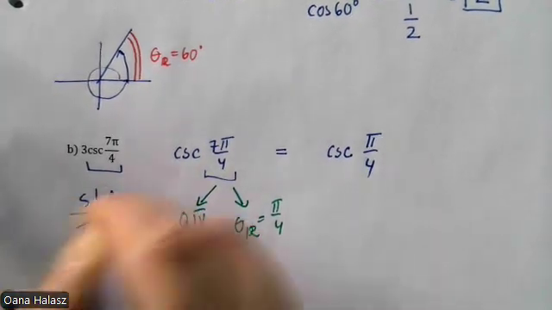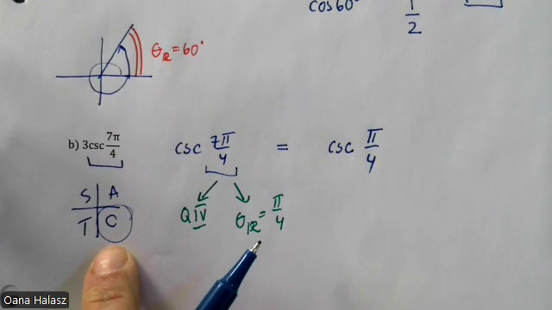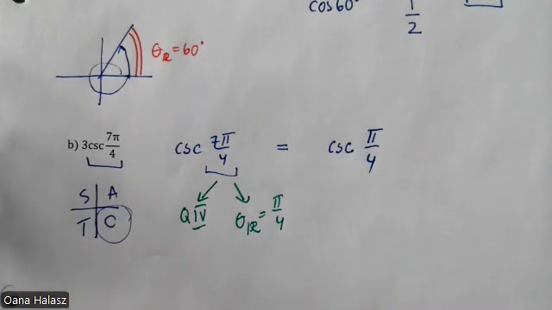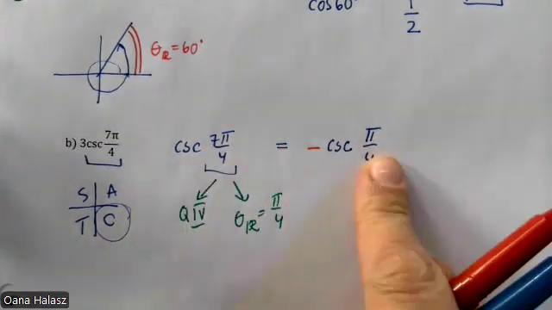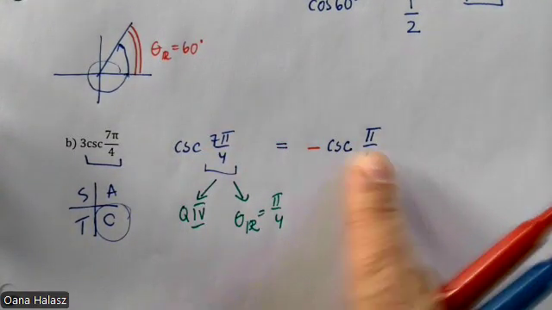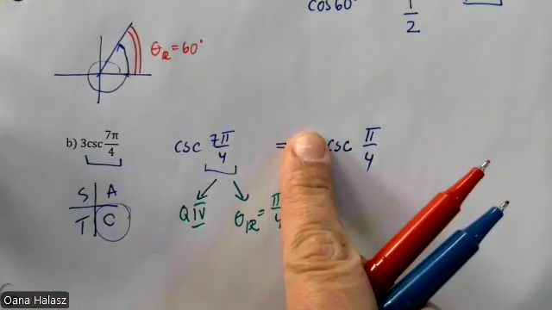Negative, because only cosine and now its reciprocal, which is secant, will be positive in quadrant 4. The other ones will be all negative, okay? So based on the CAS rule, you can just put a negative there. Only then these two are equal, okay? If you leave out the negative, then they're not equal, okay?